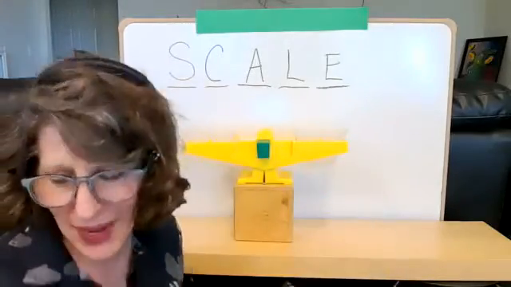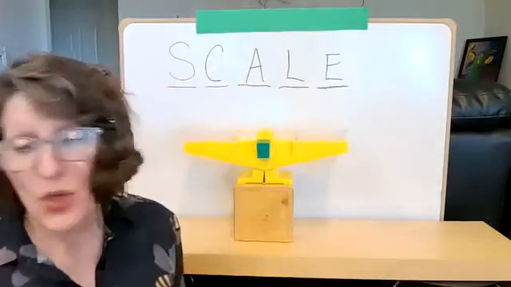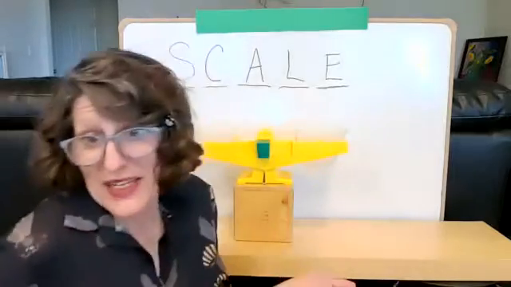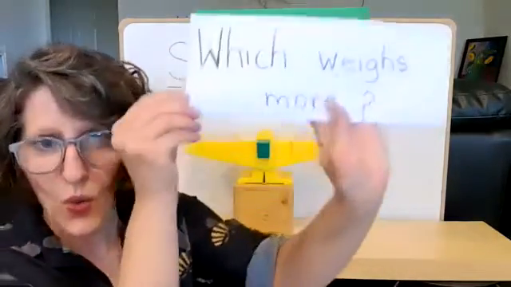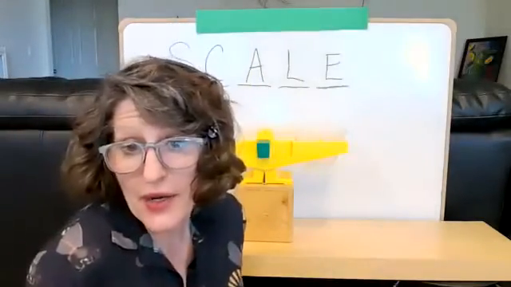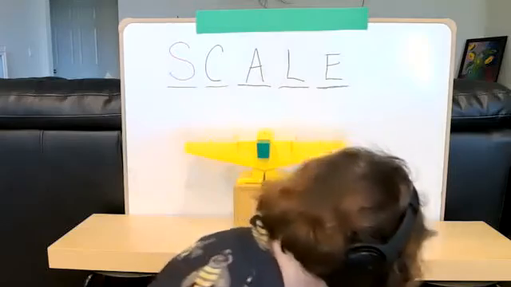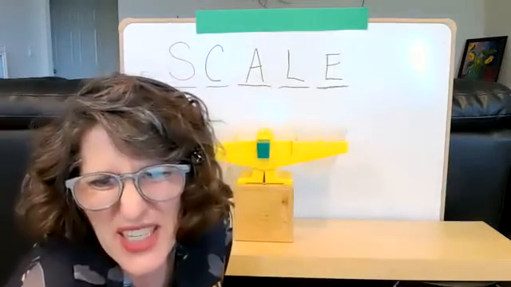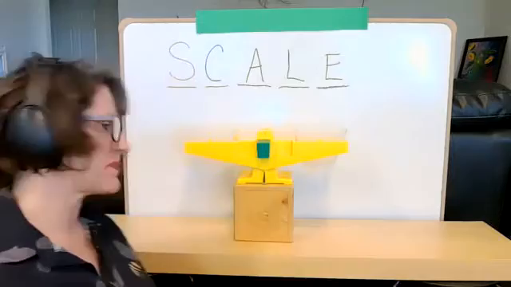Okay, let's get back to balancing, shall we? So when you're balancing or finding how much something weighs or which weighs more, then you are going to compare two things usually. So I brought some items for us to compare. And I always like to try to trick you, make it a little bit more challenging.